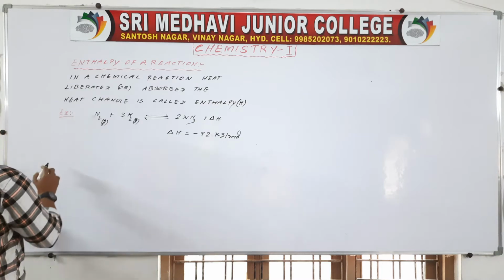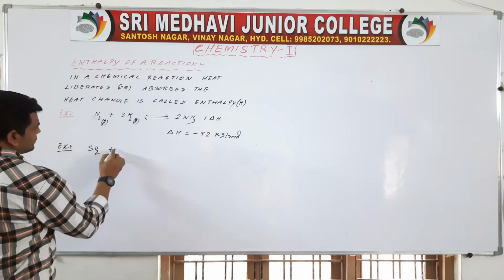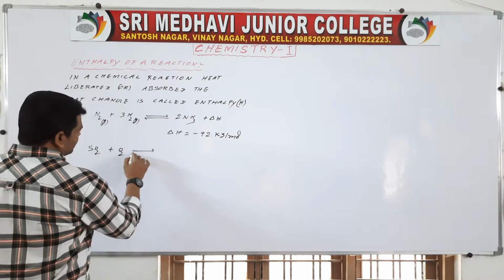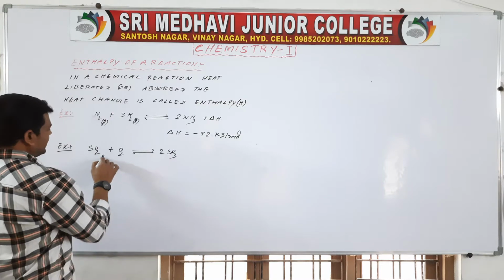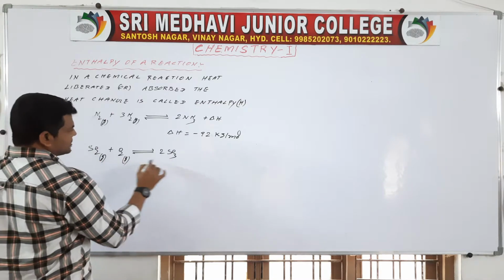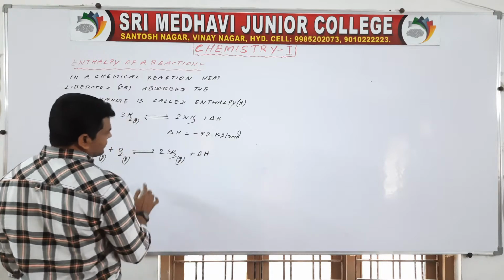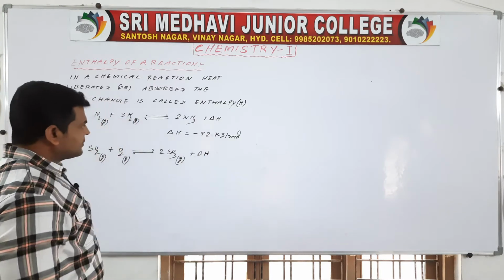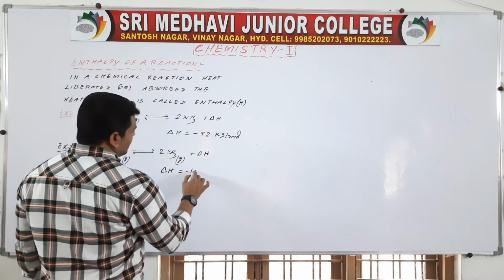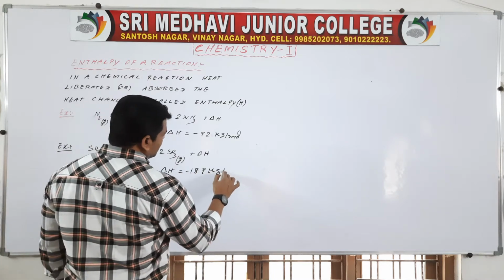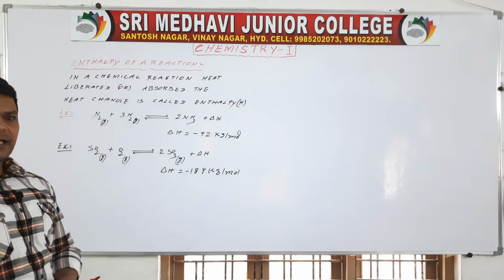One more example I will give. SO2 plus O2 gives 2SO3, a gas, plus delta H. Here also delta H is equal to minus 189 kilojoules per mole, which means energy is released.